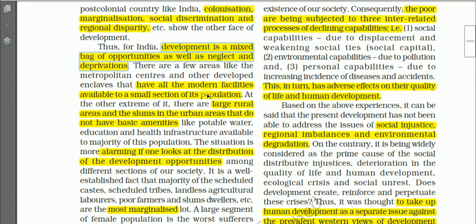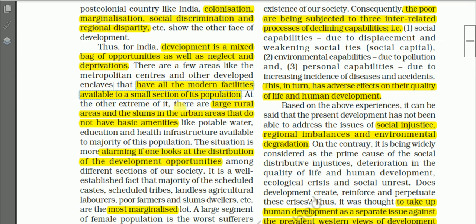And there are few areas like metropolitan centers and other developed enclaves that have all the modern facilities available to a small section of its population. When we count the total population living in the urban and the rural areas, the number of people living in the urban areas is less, only 31%.